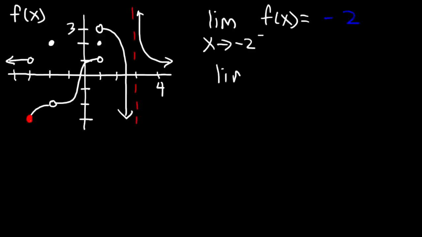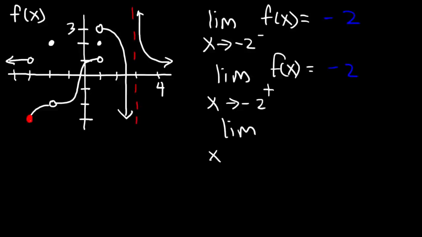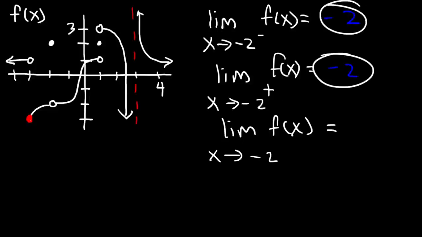What is the limit as x approaches negative 2 from the right side? This time, we want to approach the vertical line from the right, and it points to the same value, negative 2. So the limit as x approaches negative 2 from either side does exist, because these two match. So it's going to be negative 2.